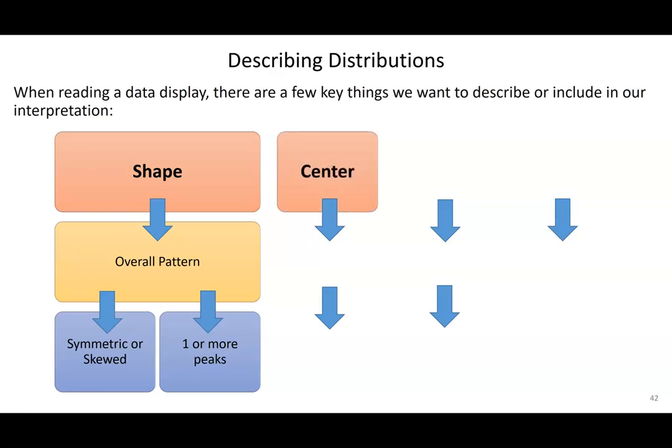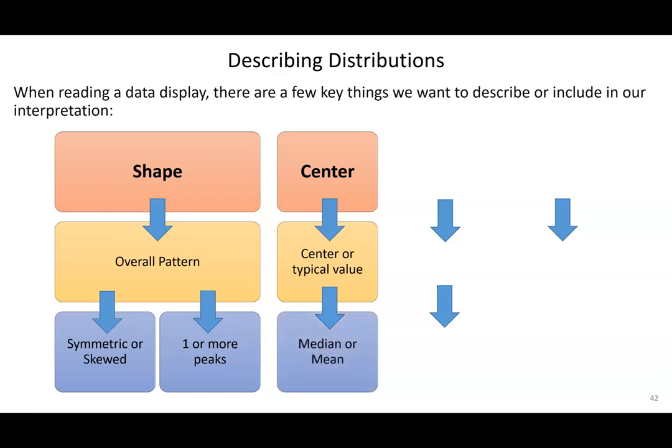We're also really interested in center. We want to know what a typical value is, where most of the observations are concentrated. Usually we end up using a median or a mean. And then spread. Spread's really important because if it's really widely spread, describing the center alone is not very useful.